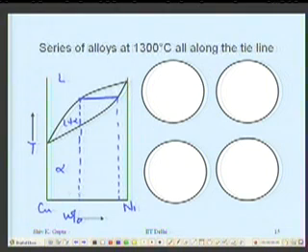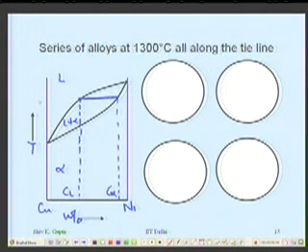That's the composition of the liquid phase, and that's the composition of the solid phase. Let us take one alloy which has a composition Cl at this temperature.